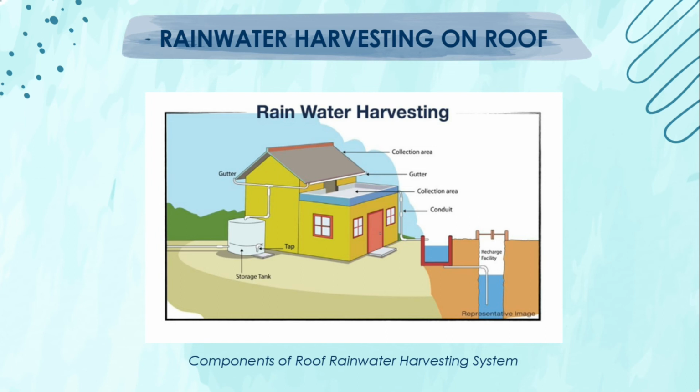Itong gutters naman yung nagtatransfer ng water pababa sa storage tank na siya nagsasecure ng nakollect na water, which is also filtered when required. On the other hand, yung ibang water naman ay napupunta sa pangalawang collection area na nagbababa ng water papuntang conduits na siya namang nagdadala ng water sa recharge facility.